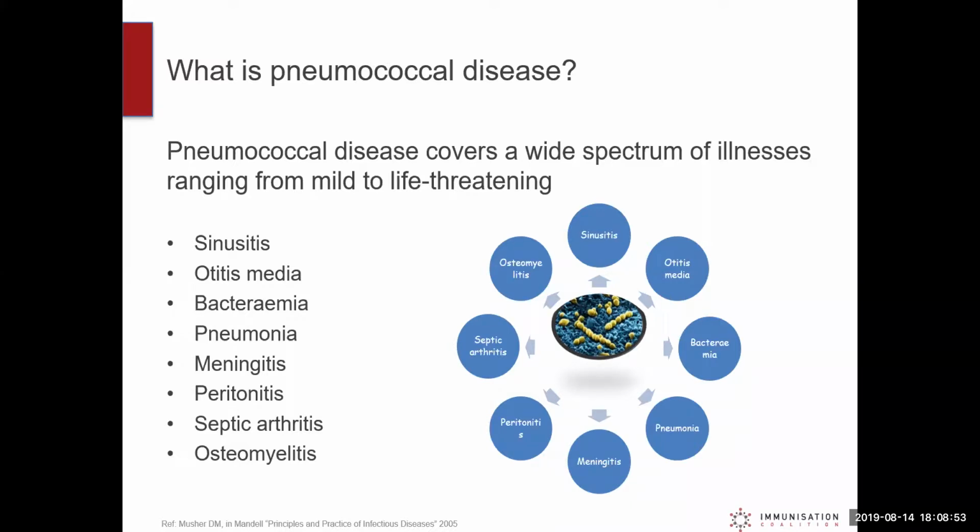So if we've got a diagnosis of IPD, it actually means that this particular bacteria, Streptococcus pneumoniae, is detected in normal sterile sites, such as the blood and things like the spinal fluid. But we'll talk about that fairly shortly. But otitis media is probably the most common non-invasive type of pneumococcal disease, with up to about 55% of middle ear aspirates from children with acute otitis media actually being Streptococcus pneumoniae.